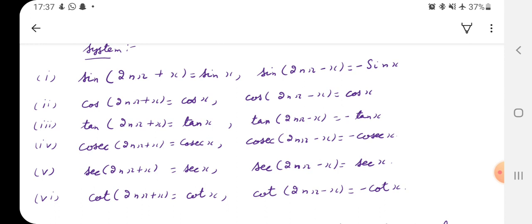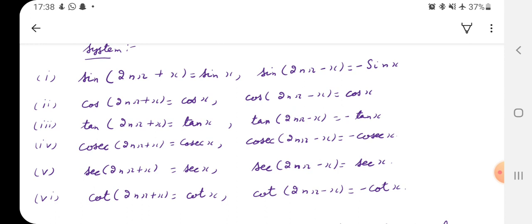Secant of 2n pi plus x will be equal to secant x. Similarly, sine of 2n pi minus x will be minus sine of x. This is based on the quadrant system. I am taking a 360 multiple minus some angle. So if I am taking minus some angle, that means I am entering the fourth quadrant, right? And if I am entering the fourth quadrant, sine will be negative in that.